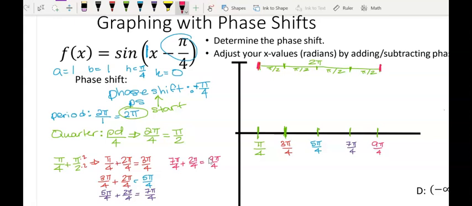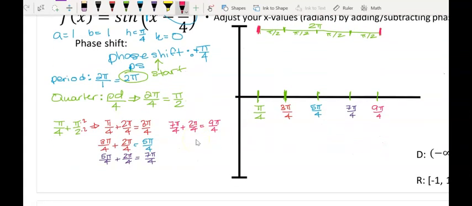I'm going to calculate what my ending point would be, and again, this is just to catch mistakes. We like to catch mistakes before we turn in a test, right? I'm going to take my phase shift and add my period to it to make sure I get the same exact number. So for example, my phase shift in this case is pi over 4 and my period is 2 pi.